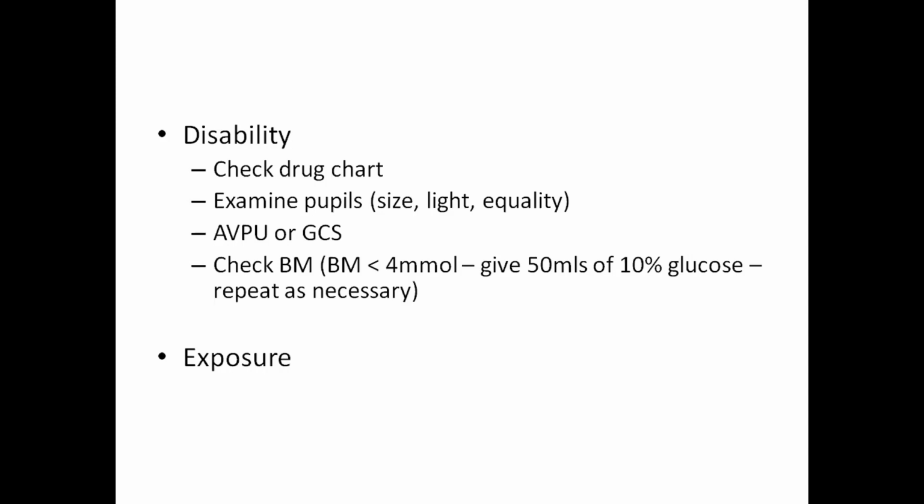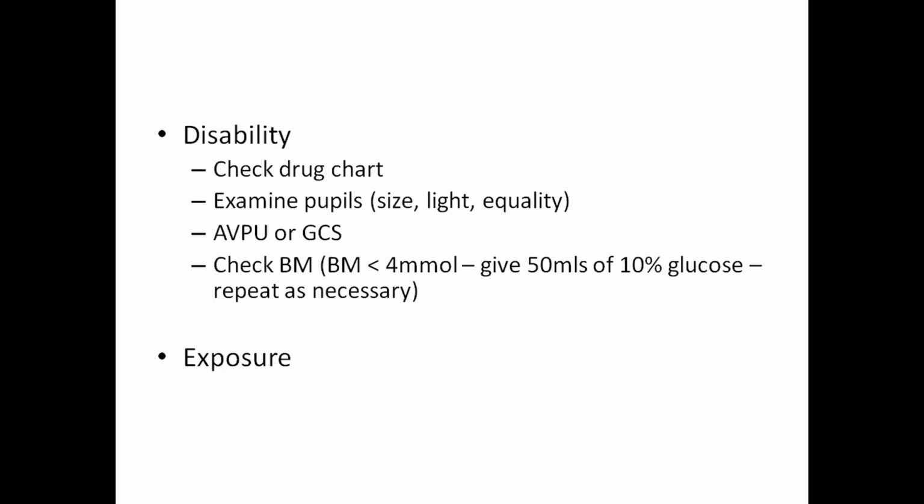Again, not going to go into particular detail about this. This will be followed up in the ALS talk, but you'd use this opportunity to assess what investigations you've got back, what they add to your diagnosis, but also how has the patient responded to your initial measures and what else can you do at this point in time.